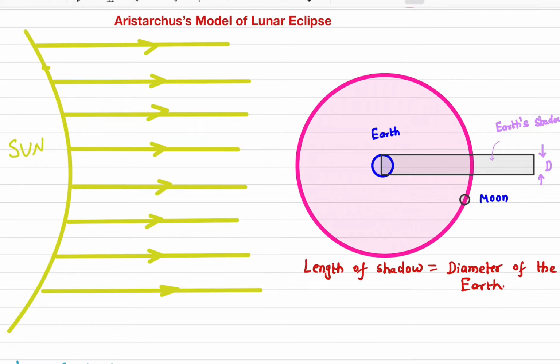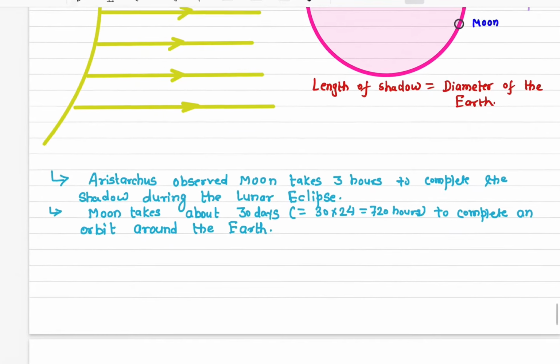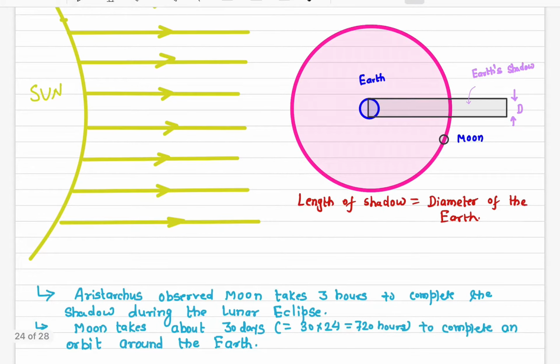His observation was, he measured the time for the moon to cross this shadow, and what he observed is that the moon takes 3 hours to cross this shadow. And the moon takes 30 days to complete one orbit around the earth.